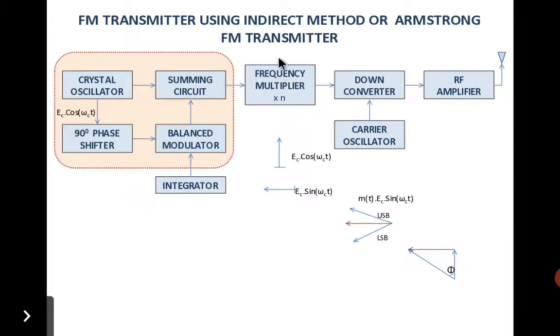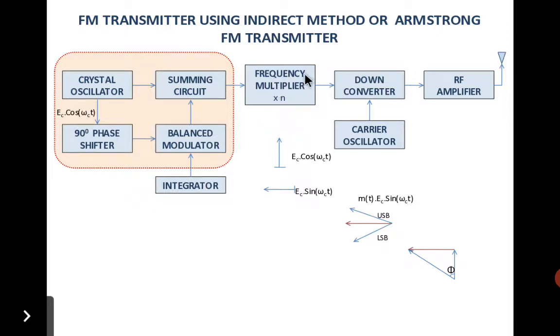And practically we have only doublers or triplers, 2x multipliers or 3x multipliers. So we need to connect a number of multipliers in cascade to get the required frequency. For example, if the input to the frequency multiplier is 1 MHz and the output required is 94 MHz, that many frequency multipliers need to be connected in cascade.